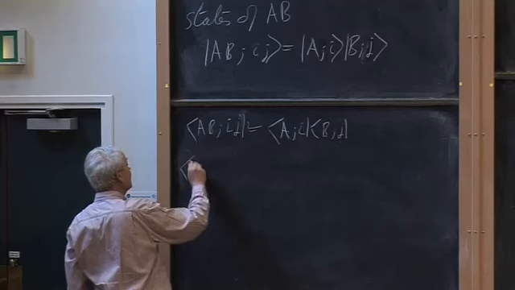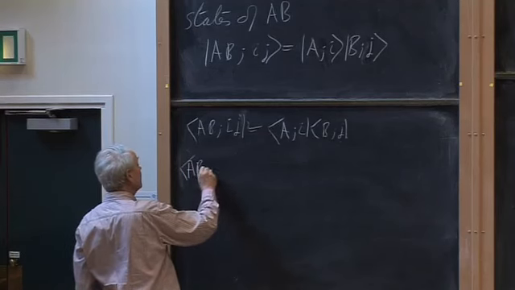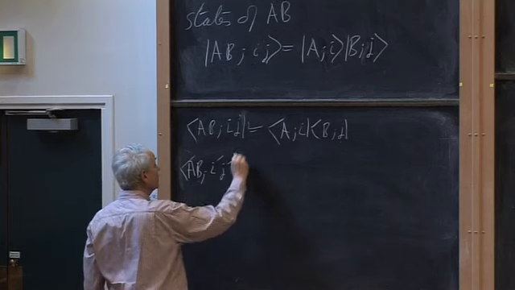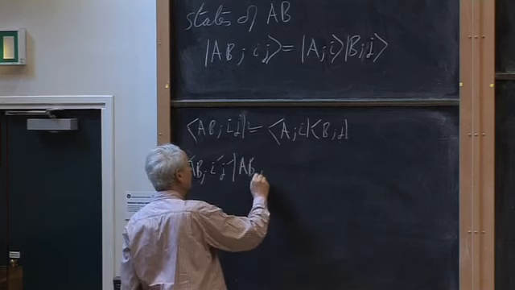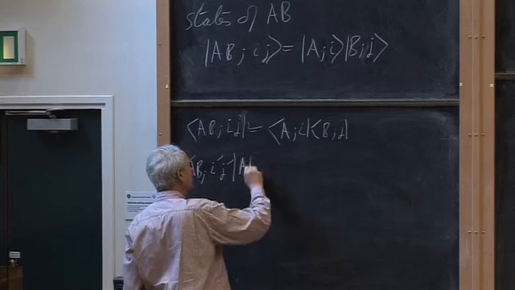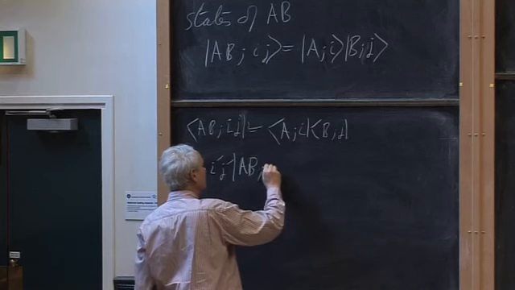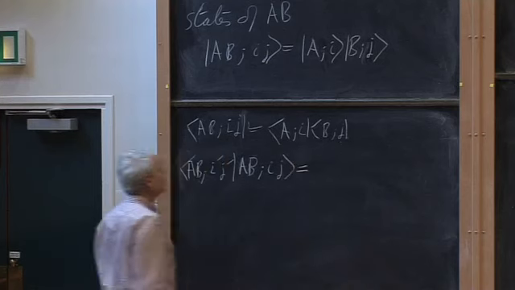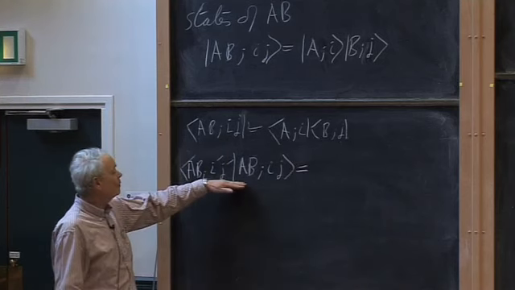So to give meaning to all this, I need to explain what this is. I primed, J primed on AB, semicolon I, J is equal to, right, so this should be a complex number.